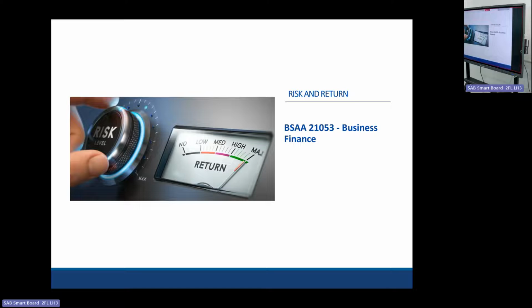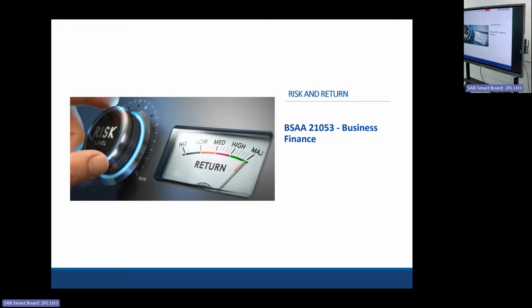Basically we identify the risk-free rate of return based on government securities. When we say government securities, you can remember treasury bills and treasury bonds. These government securities are issued by whom? The government.